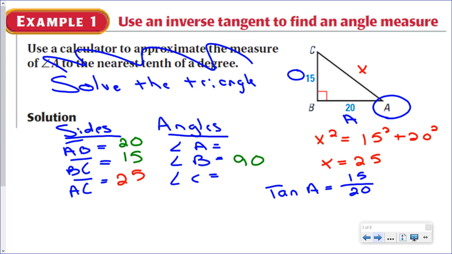If you want to solve for A, you have to move tangent to the opposite side, and that's where the inverse tangent comes in. So A equals tangent to the -1 power of 15 over 20. I'll also have to throw that in my calculator. Getting 36.9.